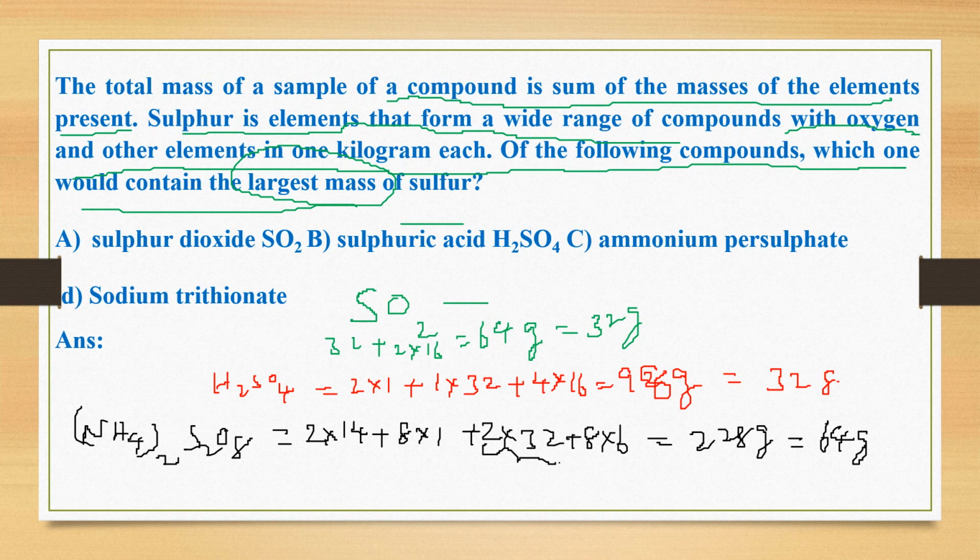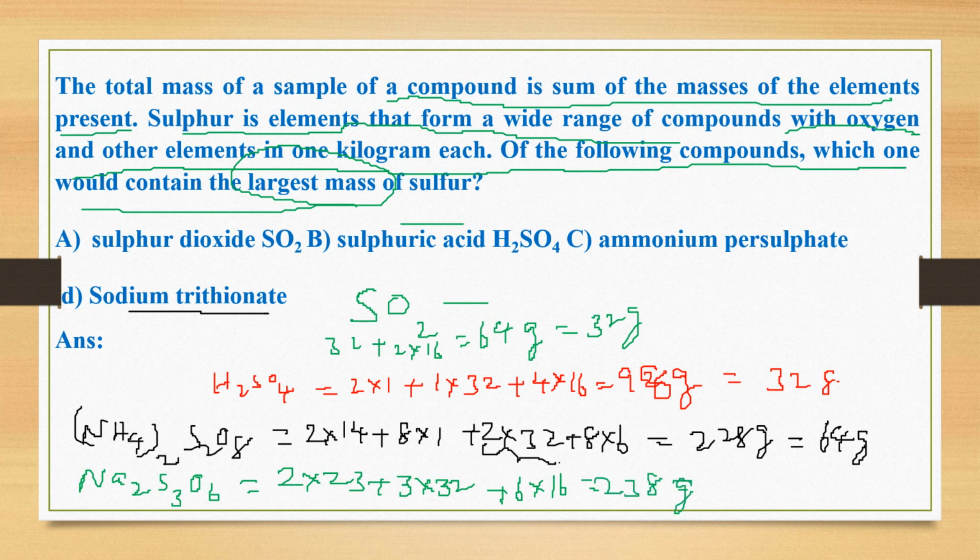Then what about this one, sodium trithionate? The formula is Na2S3O6, that is 2 into 23 plus 3 into 32 plus 6 into 16, then you will get 238. 238 grams contains how much? 96 grams.